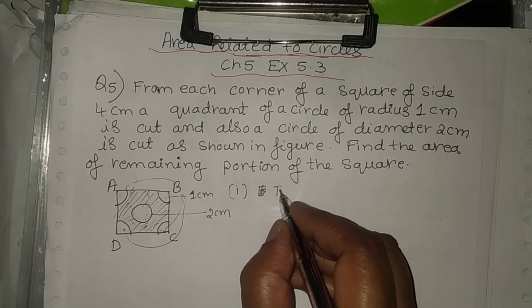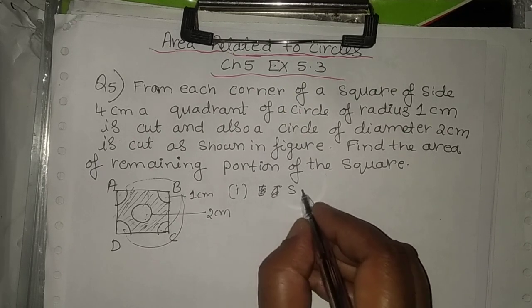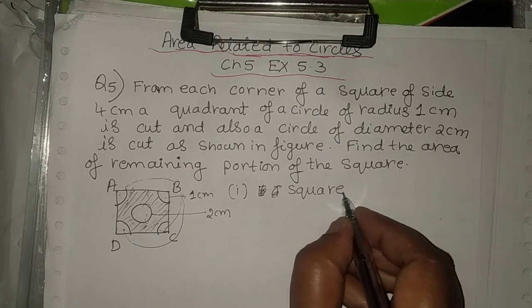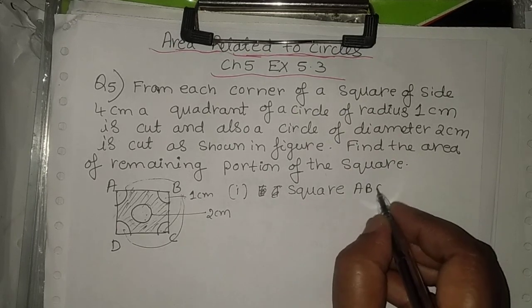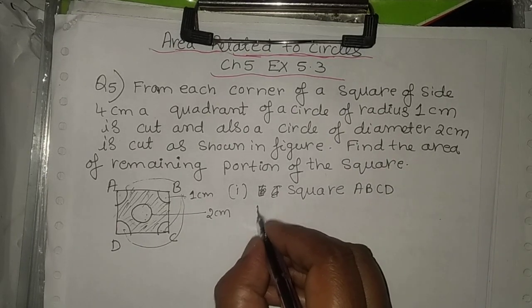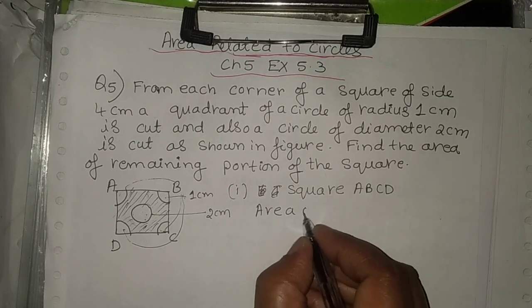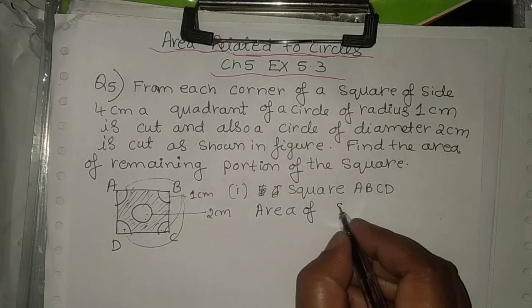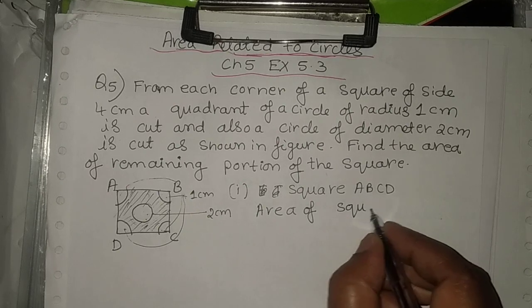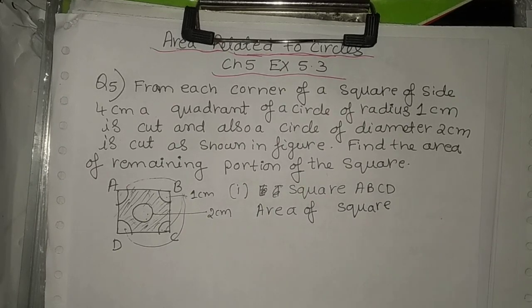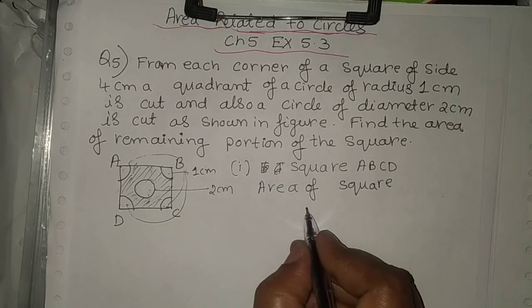So first, square ABCD. We'll find out the area of the square. What is the area of the square? Area of the square is side squared. So what is the side?